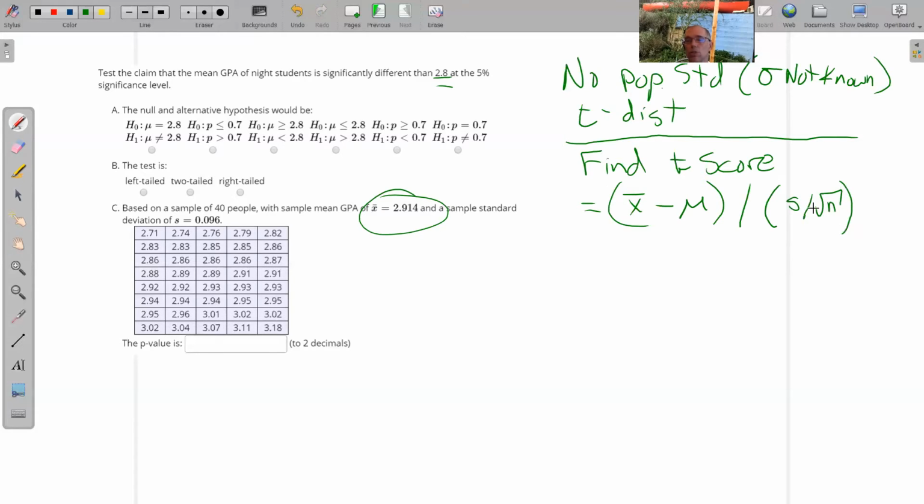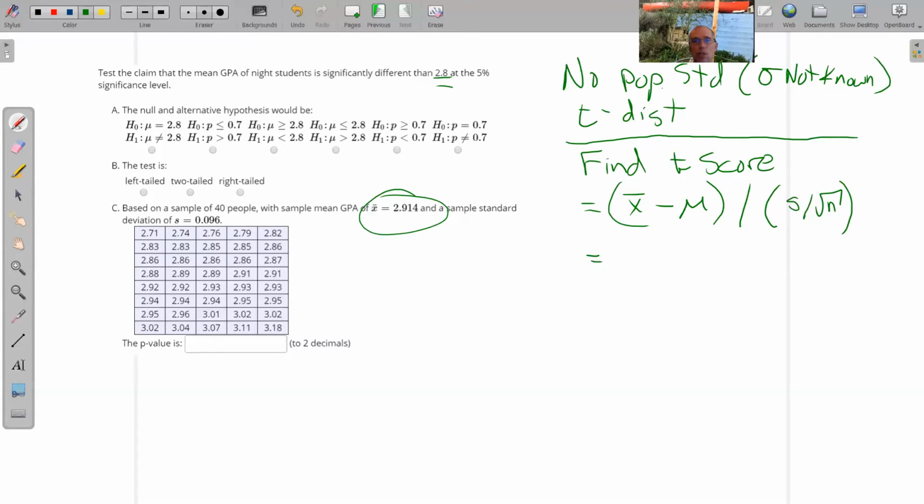Okay, so like a z-score, this is a t-score, and notice it's got x bar minus mu, which we've done before for z-scores, but instead of dividing by sigma because we don't know it, we divide by S over the square root of N because we're doing a hypothesis test.